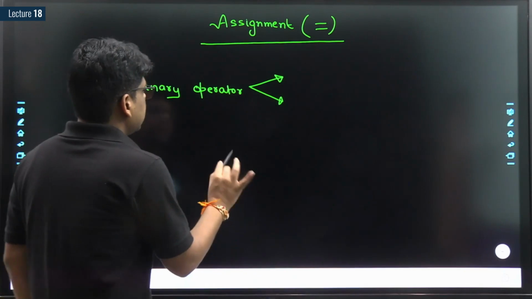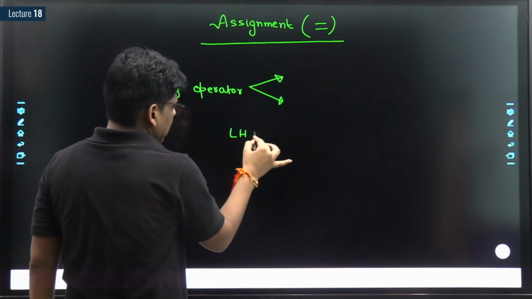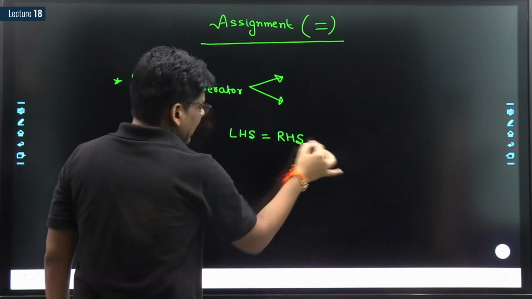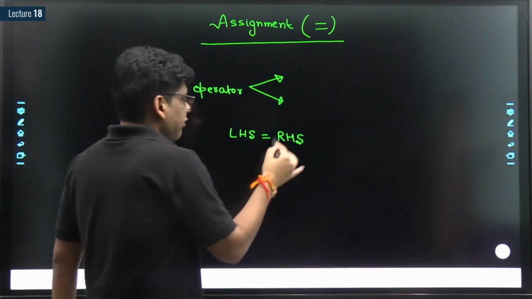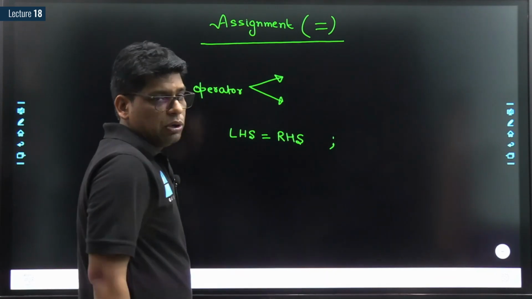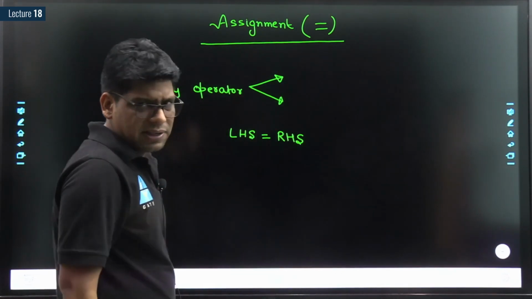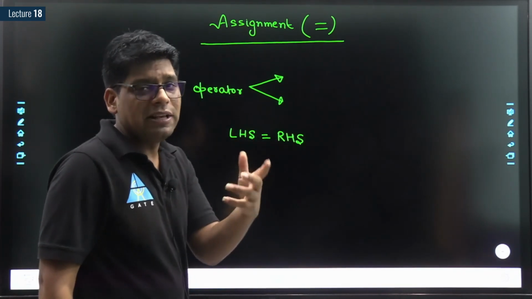How does an assignment statement look? It looks something like this: LHS is equal to RHS, and in the C language, a semicolon. That is the syntax of C language, that every statement must be terminated by a semicolon.